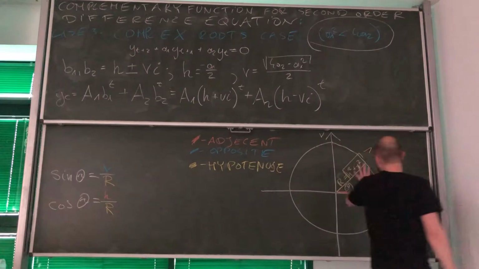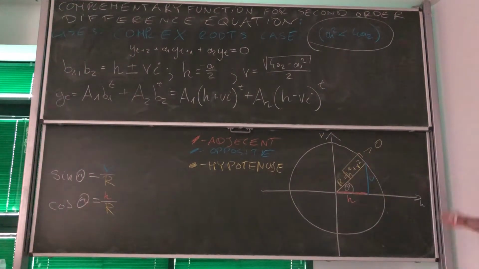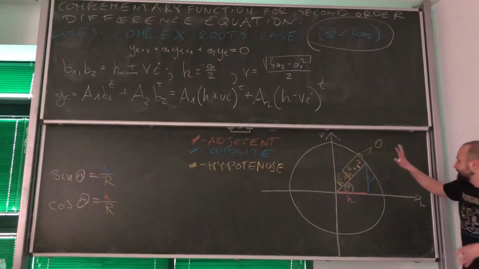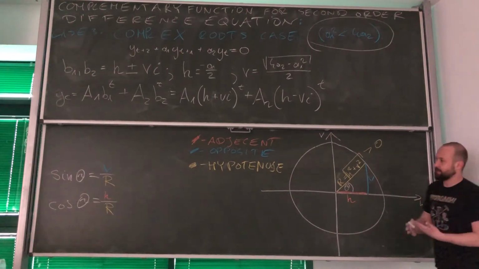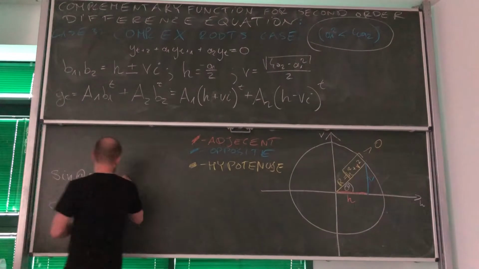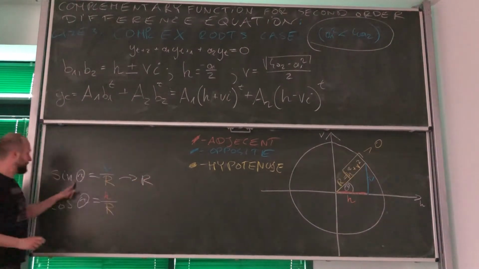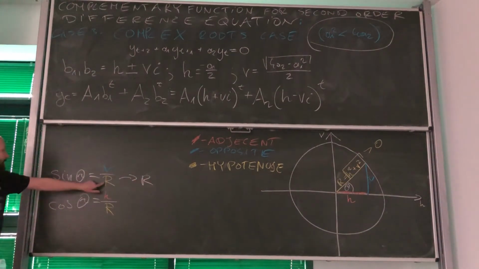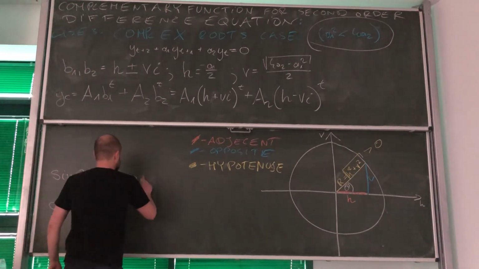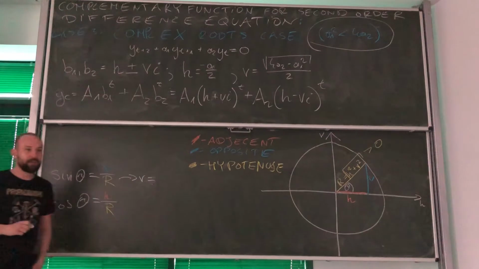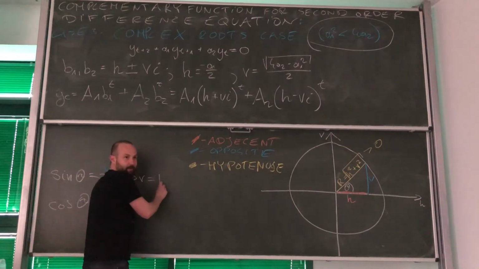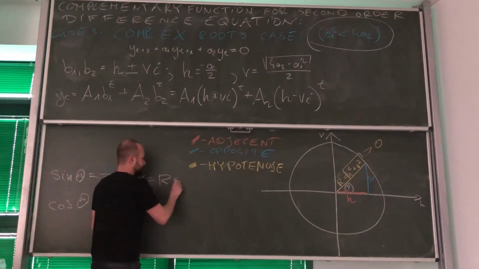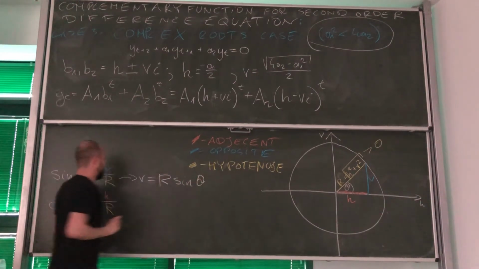And look, knowing those two relationships, and knowing that all those three variables are interconnected, we can actually find v: we calculate v out of this as r times sine theta, right?